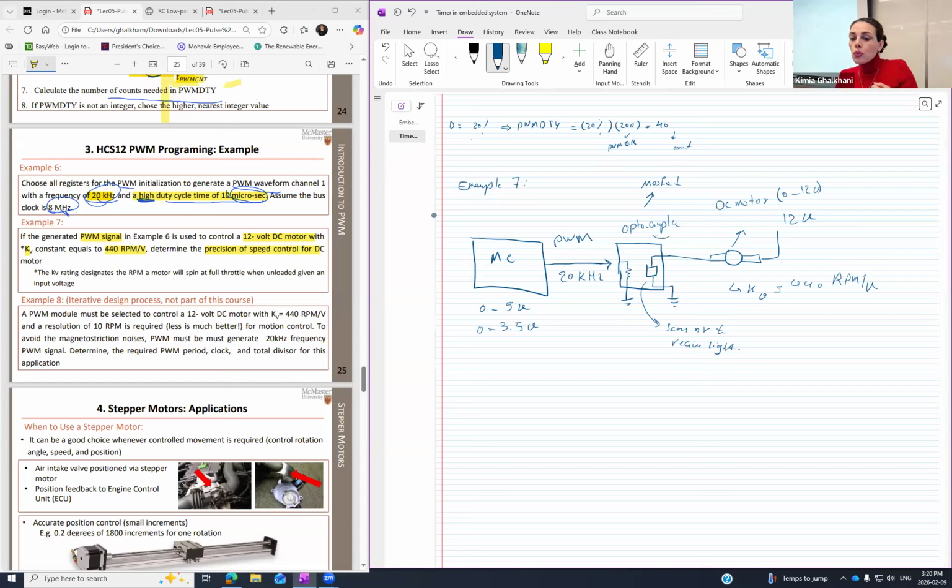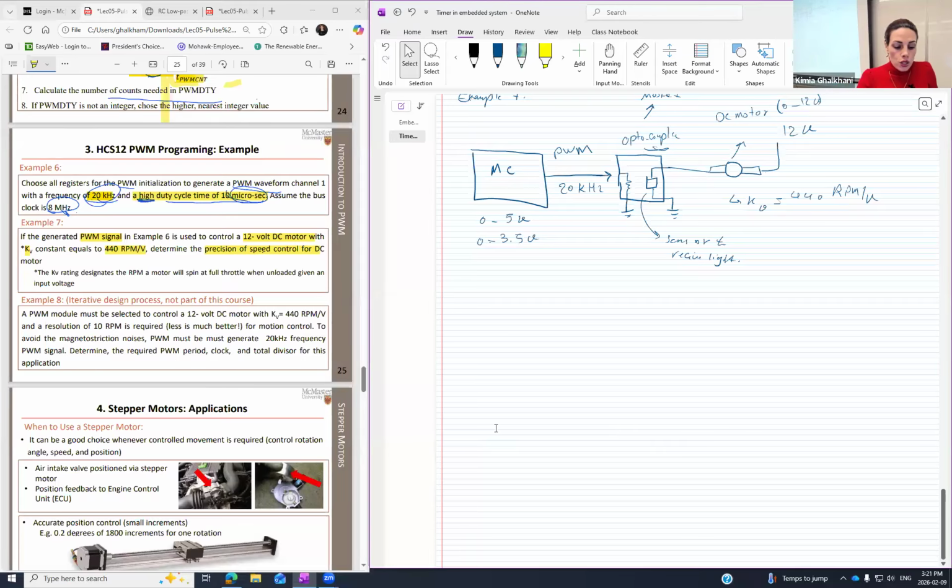That's how the optocoupler can isolate the voltage. I explained it in the previous lecture. I just remind you one more time. Now, let's go ahead and look at the PWM.